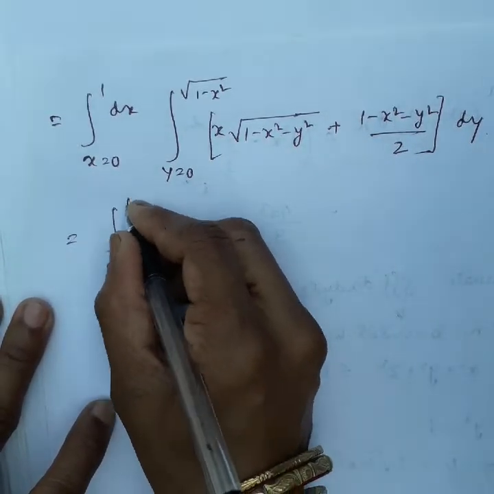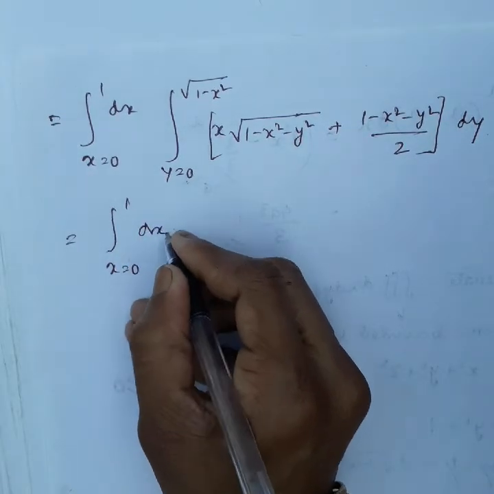That is, integration x equals 0 to 1 dx.